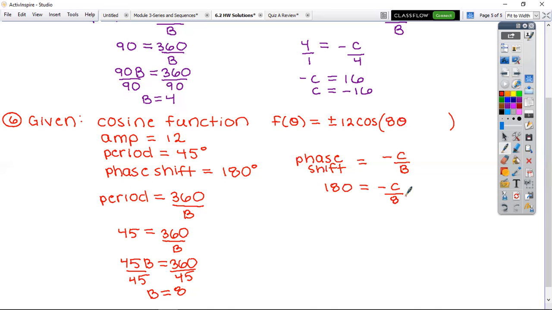Who's got a calculator? What is 180 times 8? 1440, thank you. So 1,440 is equal to negative c. So therefore c is equal to negative 1,440. Okay.